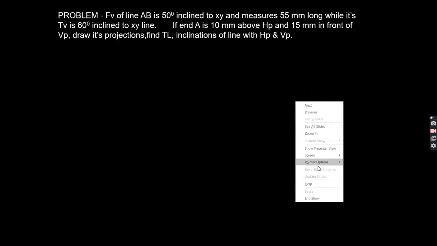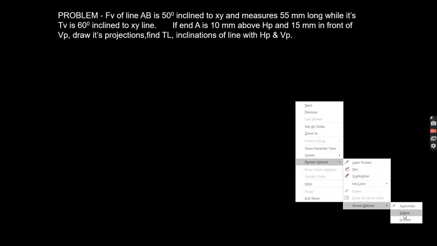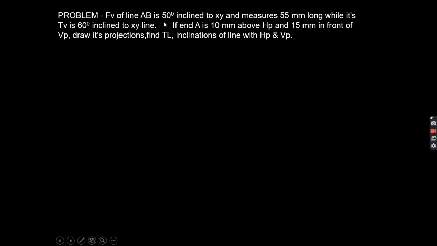Here is another example. The front view of a line AB is 50-degree inclined to the xy, and measures 55 mm long. So this is the length of the front view of line AB, that is 55 mm, while its top view is 60-degree inclined to the xy line.